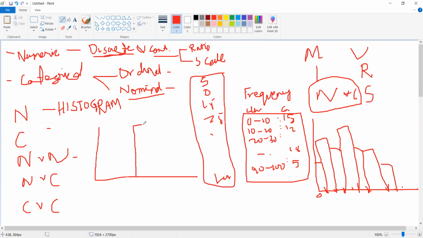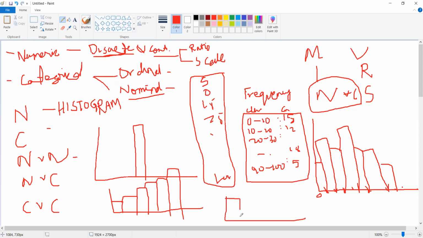I don't want to get into detail right away, but you can actually see this. Let's say you get a bar graph like this, or you get a bar graph like this.